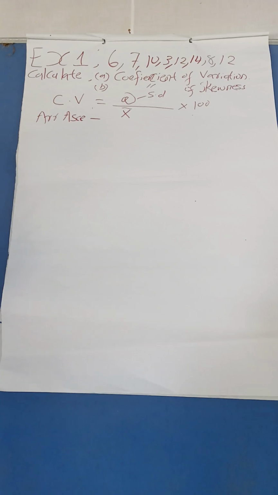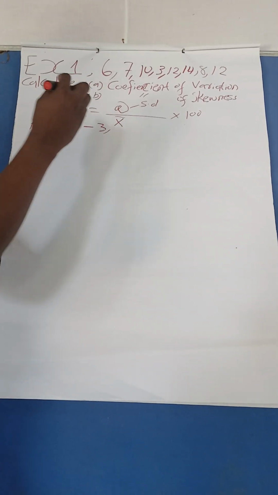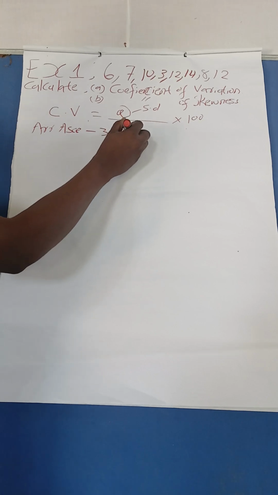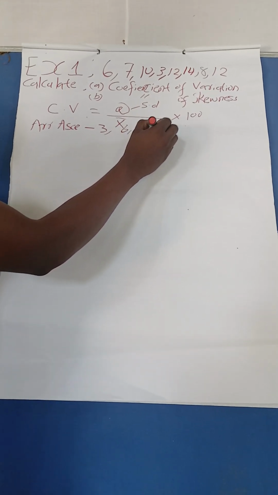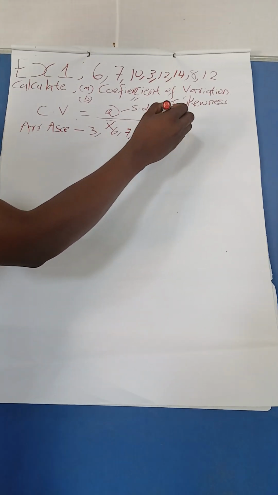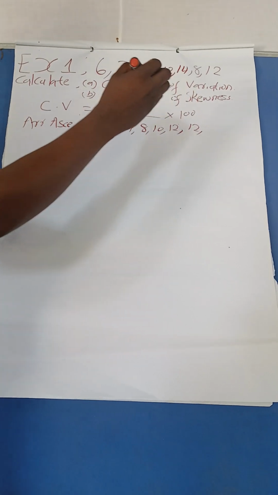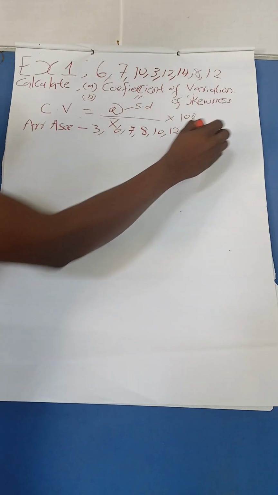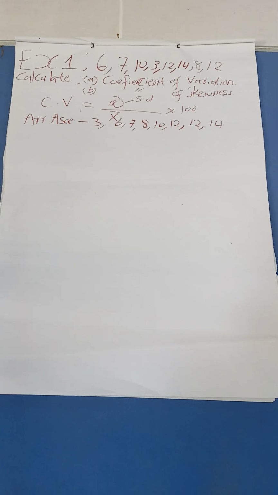So my data will read 3, 6, 7, 8, 10, 12, 12 also because there are 2, then 14. I will arrange my data in ascending order that way.